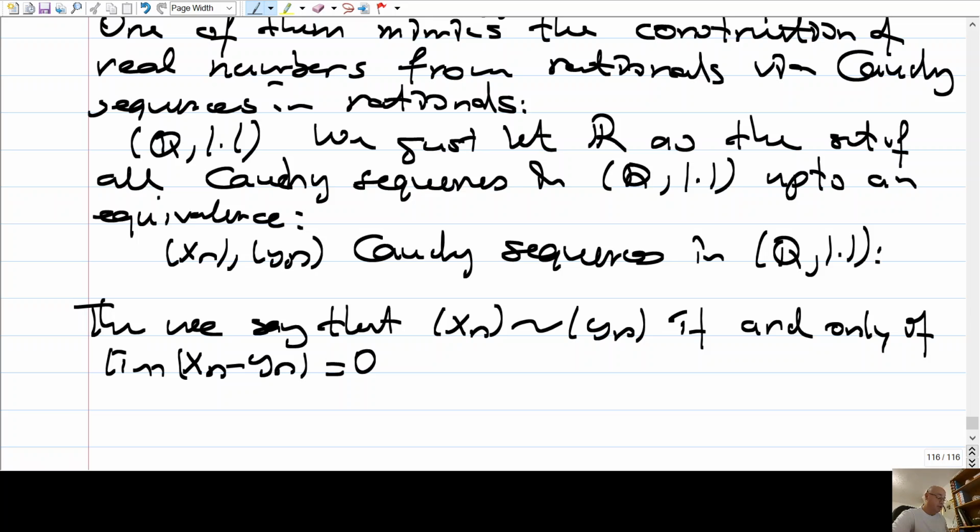I don't mention any real number, but this definition tells me that actually they converge to the same real number. So I don't mention any real numbers, but I actually construct real numbers. These will be called equivalent if the difference has limit 0.